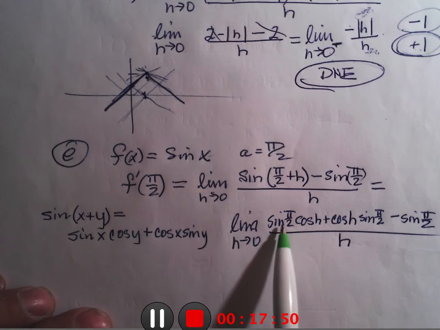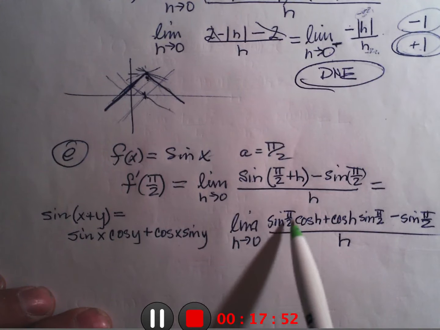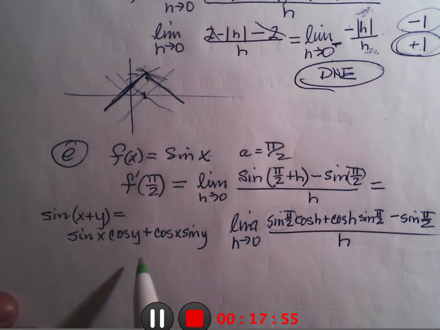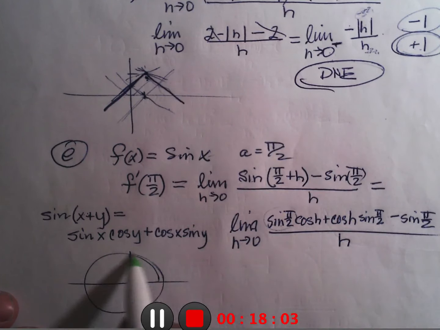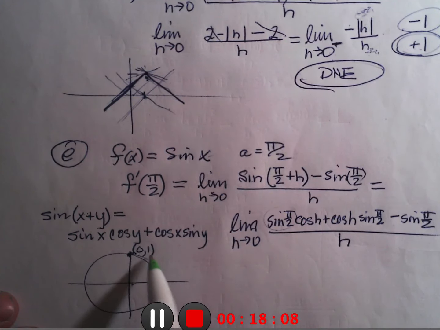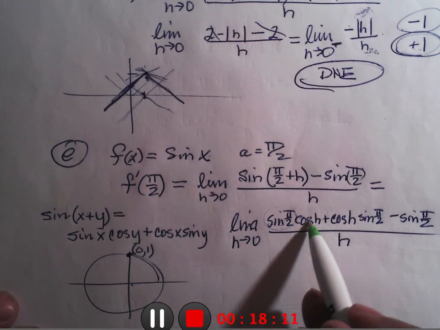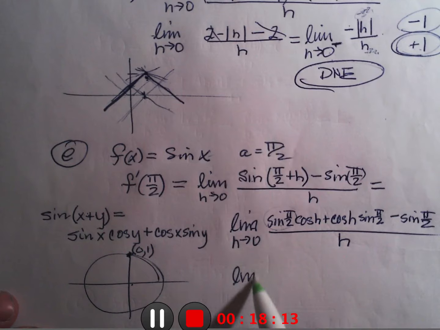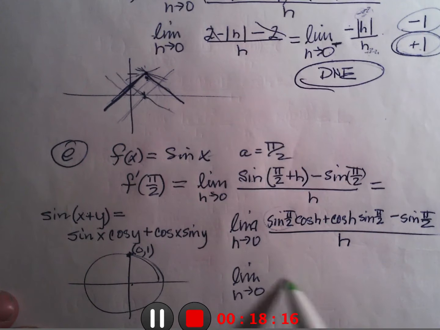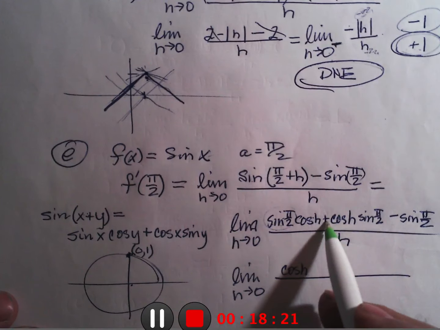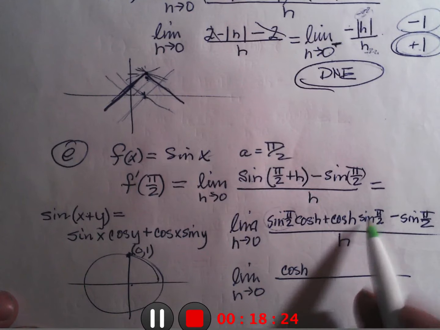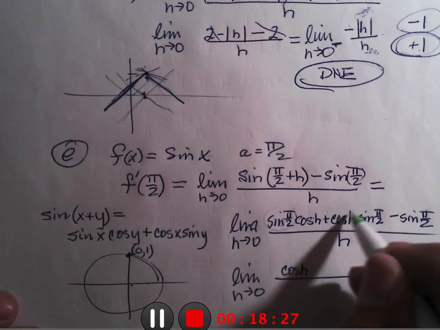So the sine of pi over 2. So remembering our unit circle, sine is the y-coordinate, and pi over 2 is up here at 90 degrees. The y-coordinate is 1. So we got 1 times the cosine of h, which is cosine h, plus cosine of the first, pi over 2, times sine of the second, h.